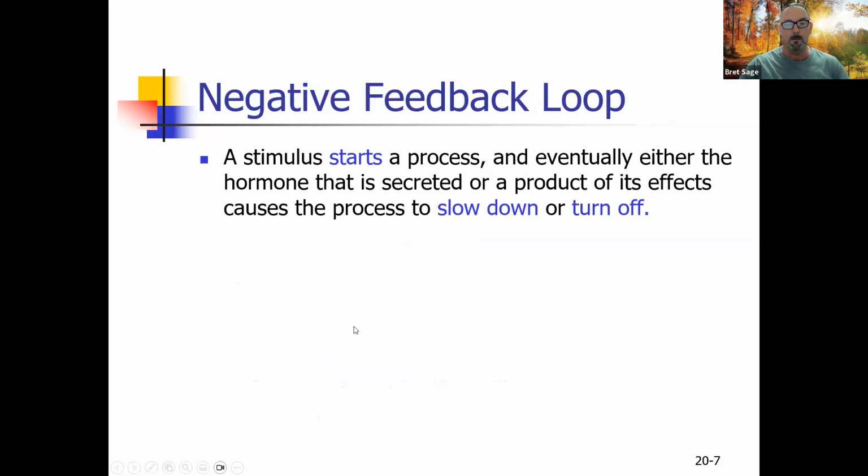Okay, what is a negative feedback loop? Well, when a stimulus starts a process and eventually either the hormone is secreted or a product of its effect causes the process to slow down or turn off. So the basics. We're sitting at a particular physiological level, whatever it is. If our physiological level goes away from normal, that signals the body to do something to get us back to normal.